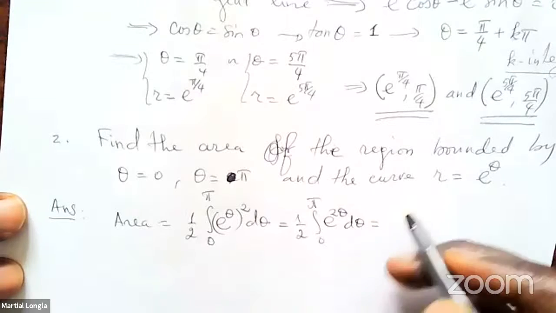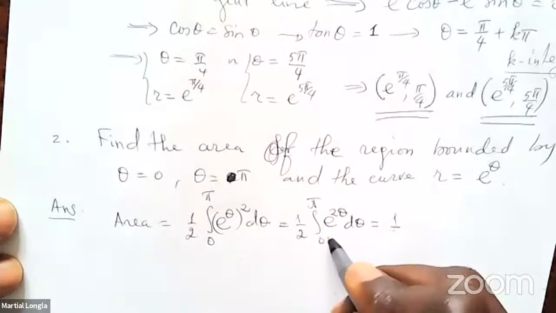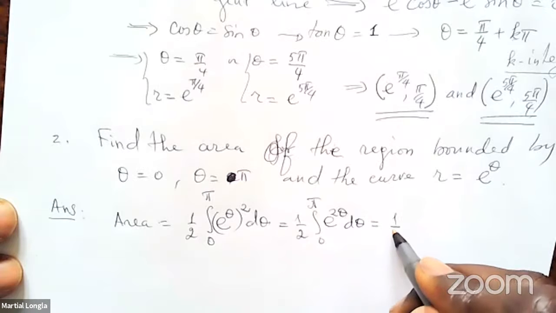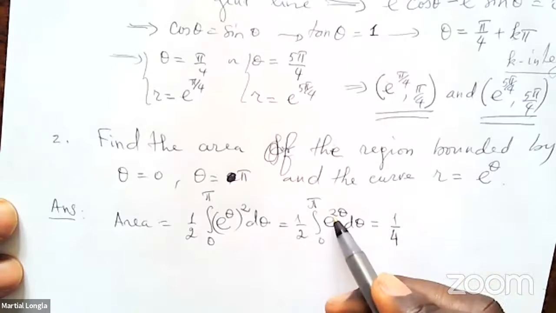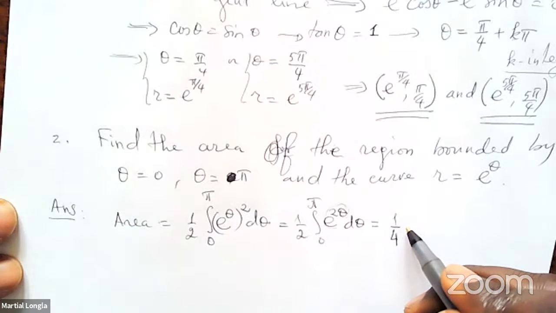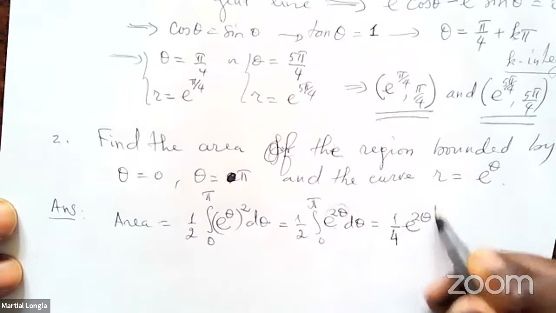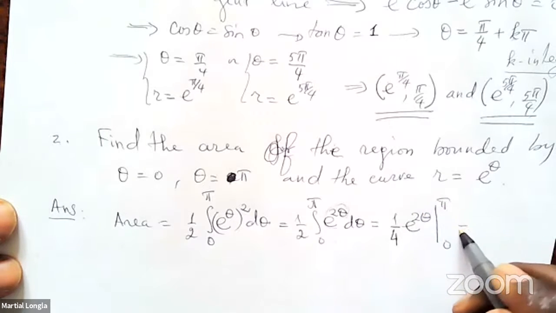Correct. And then you find the integral. The integral of e to the 2 theta is e to the 2 theta over 2. And then we plug in 0 and pi, and that's it.